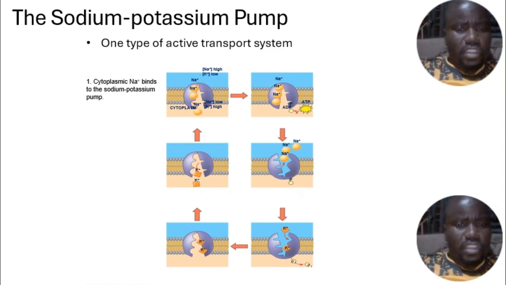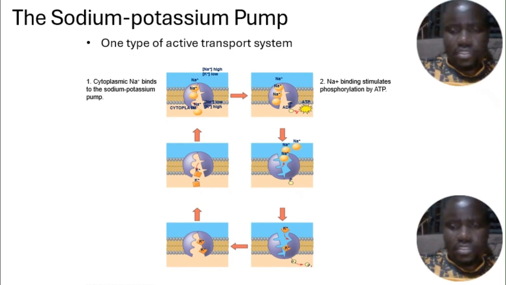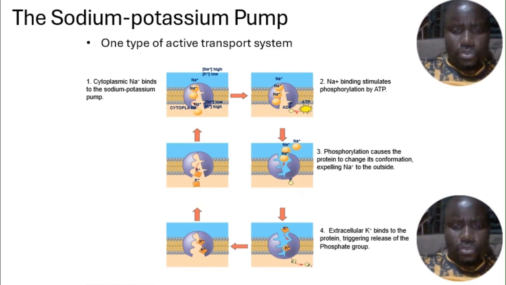So what we see here is that the first step is that sodium binds to the sodium-potassium pump. The next is that the sodium binding stimulates the conversion of ATP into ADP, and so there is energy release that moves the sodium out of the cell. Why? Because the channel changes shape and literally spits sodium out of the cell.